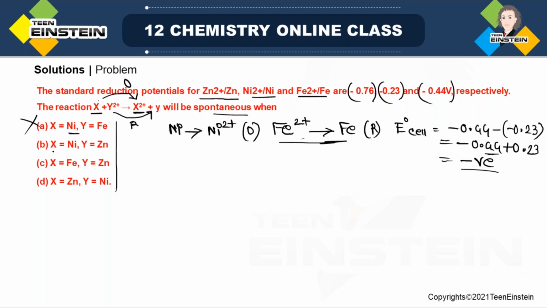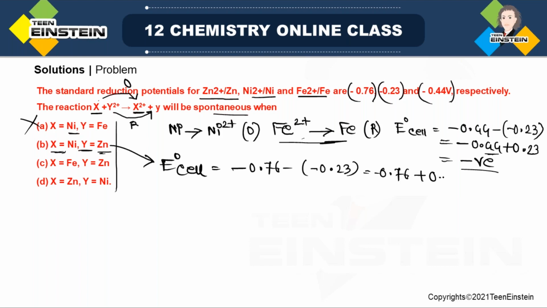In the second case, X is also nickel, but the Y system is changed. So E naught cell will be, first you have to write the reduction potential for the Y system. Now Y is Zn, having value minus 0.76, and for nickel minus 0.23. So minus minus becomes positive, and ultimately this is also negative.